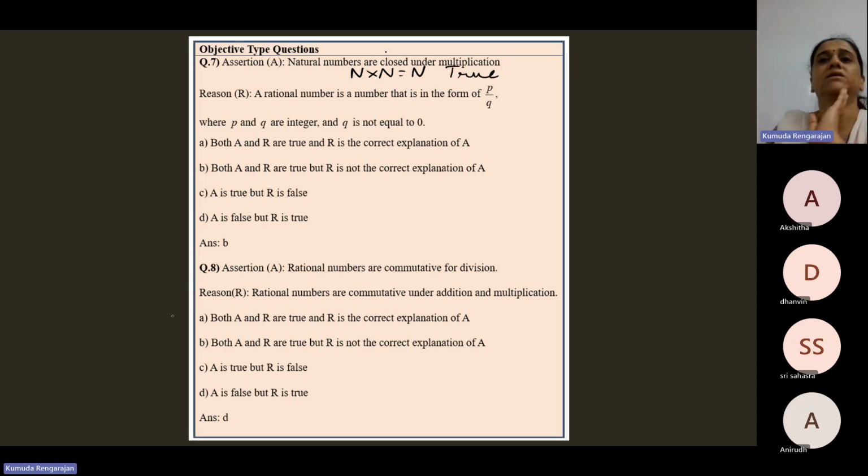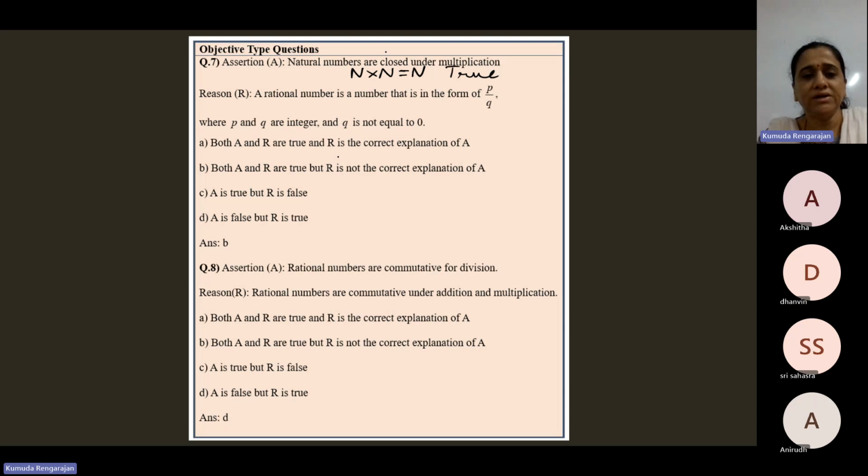That's what we mean by the closure property. How do you check the closure property? For this statement, natural numbers are closed under multiplication, meaning natural number into natural number, the answer is a natural number. When we multiply two natural numbers, the product is also a natural number. True. So the assertion statement is true.